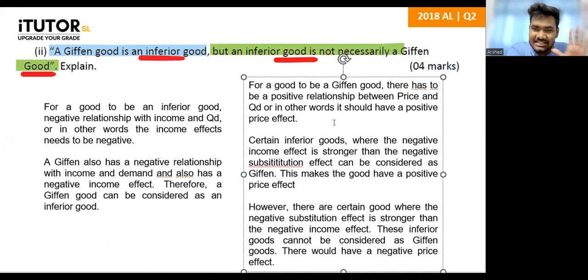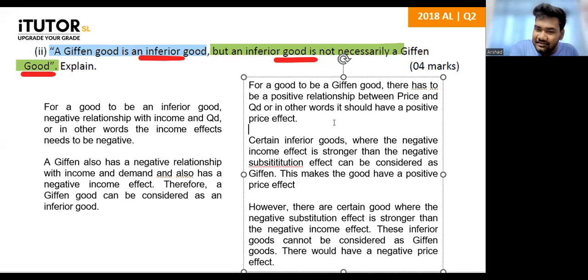So there are some inferior goods, with a negative relationship between income and demand, where in addition to having a negative income effect, that negative income effect is stronger than the negative substitution effect. Therefore, it makes the good have a positive price effect, meaning a positive relationship between price and QD.